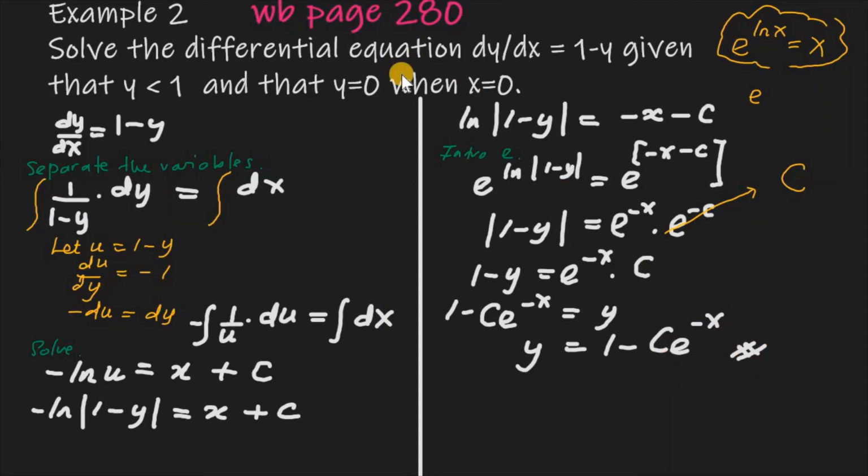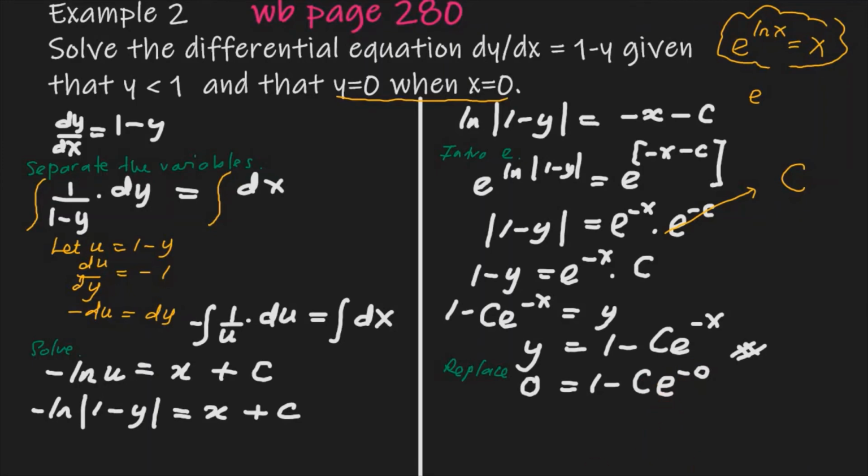Right. And after that, we are given a boundary condition such that when x is 0, y is 0. Let's replace it. So y is 0. This is to solve for C. 0 equals 1 minus C e power negative 0.